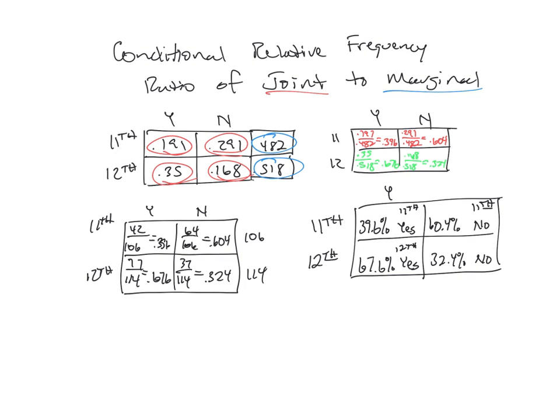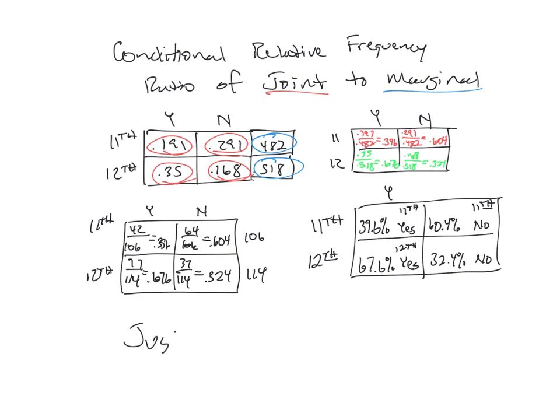So really what you need to comprehend is, when we throw in the conditional relative frequency, it's saying just 11th and just 12th because there's a condition to it. I only want to know about the juniors. I only want to know about the seniors. So the conditional part makes it a little bit more narrow. You're not comparing to everyone.